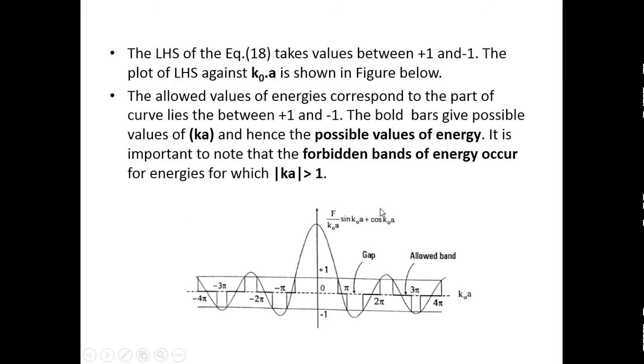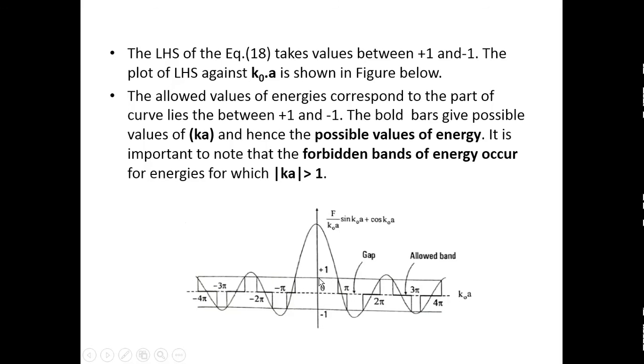The bold bars, this one, give the possible values of ka, and hence the possible values of energy. It is important to note that the forbidden bands of energy occur for energies for which mod cos ka is greater than 1.